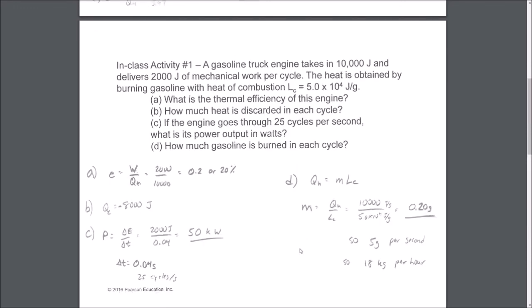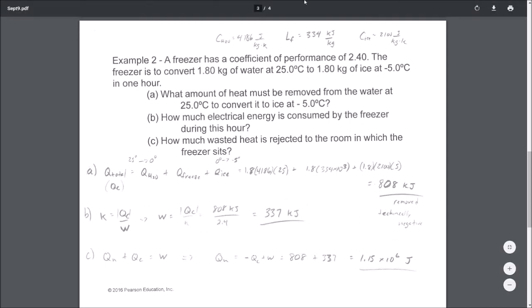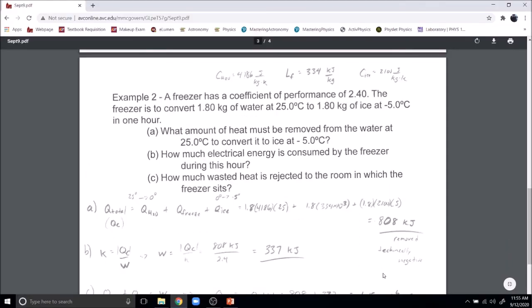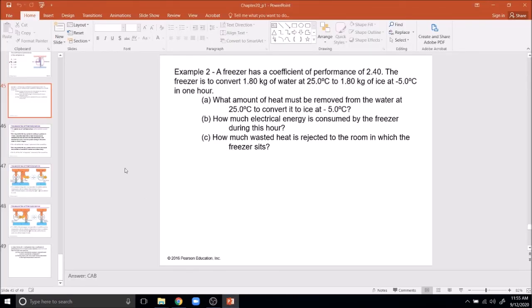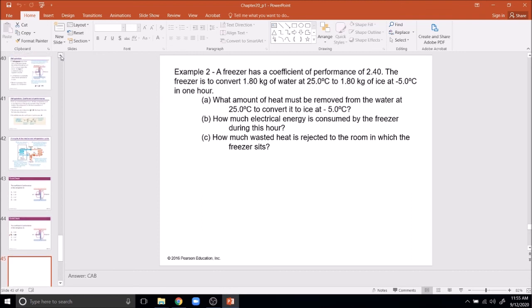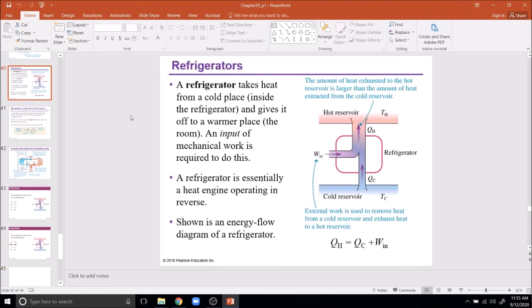So if we look back at our relationship here for refrigerators, I mean, freezers are refrigerators, the same thing. The QC is how much energy we're taking out from that freezer. We have work coming in, and that's all being expelled to the hot reservoir. The work comes in many forms, but ultimately that's the relationship we're dealing with here.